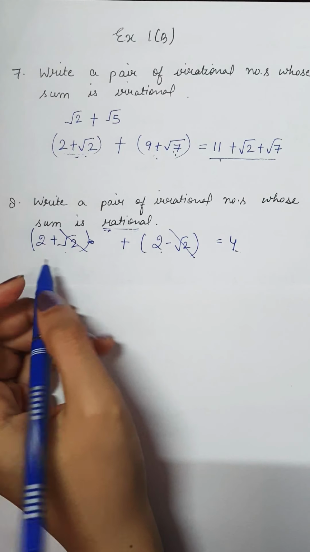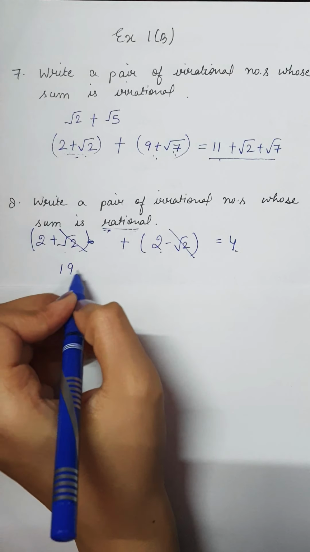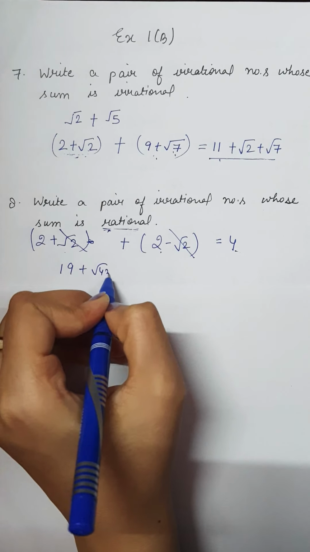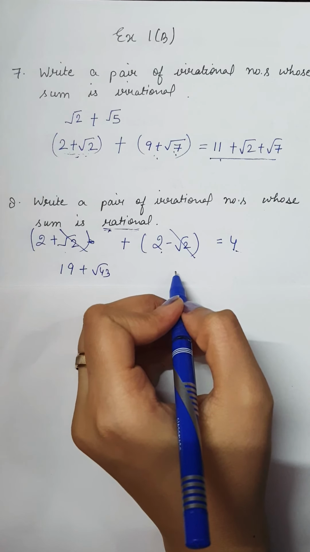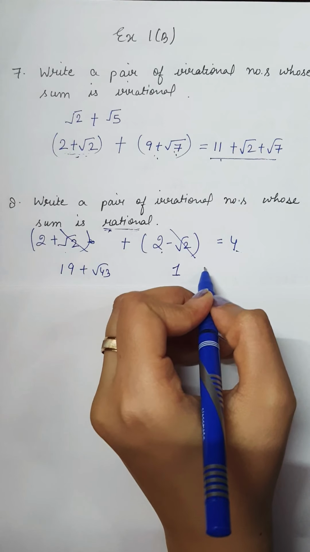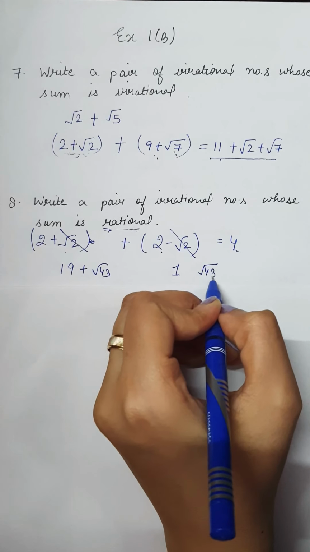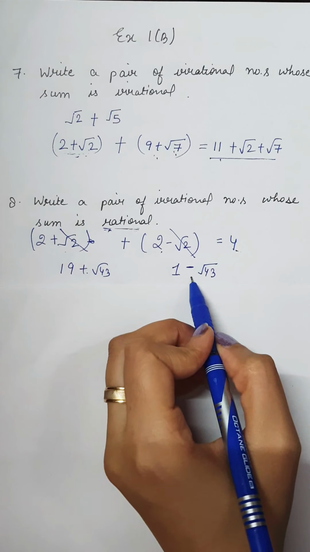Likewise, you can take as many pairs as you want. For example, say 19 plus under root 43. Irrational? For sure. Another pair you can take, say 1 minus under root 43, you have to take so that both will get cancelled with a different sign.